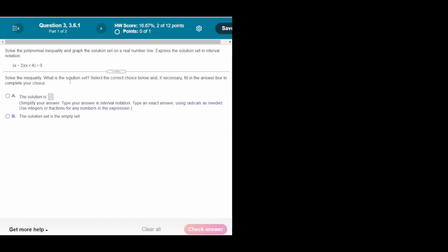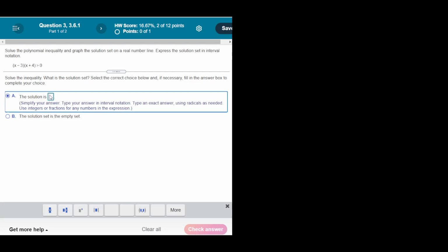Now we're going to solve it for ourselves. It says solve the inequality. What is the solution set? Are they talking about just 3 and 4? So remember, the solution is the opposite of this and the opposite of this. They never say interval notation, so I think they want just the numbers where you set this equal to 0 and solve for x.